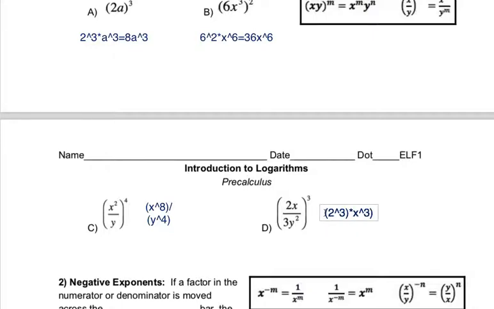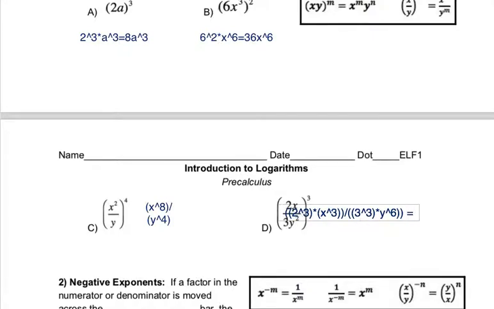I'm going to put both of these in parentheses, like this. And then I divided by 3 to the third power times y to the sixth power.